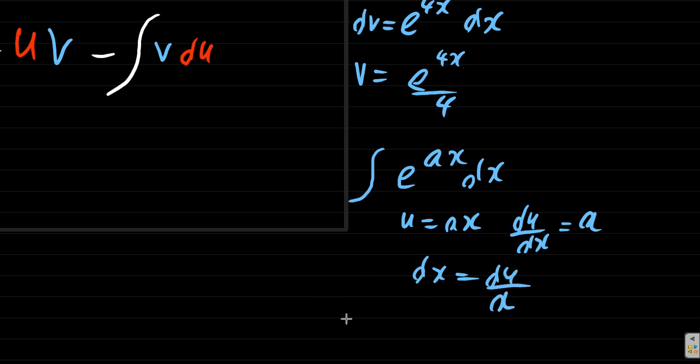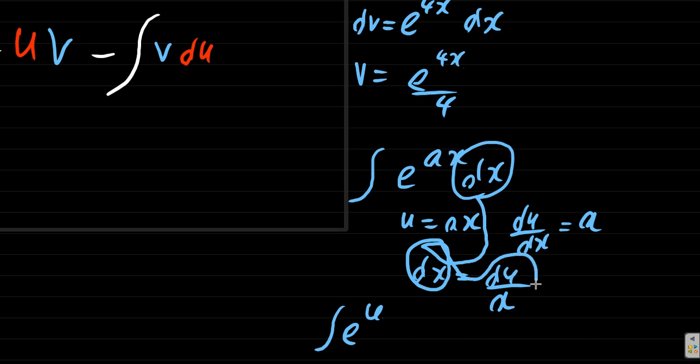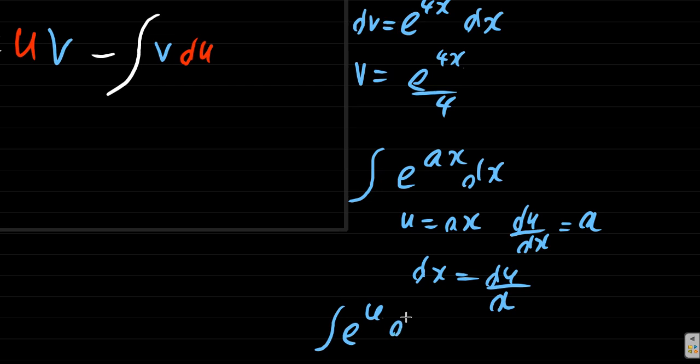So the integral would be the integral of e to the u, where u is in the same position as ax, times dx, which is du over a, where a is a constant.